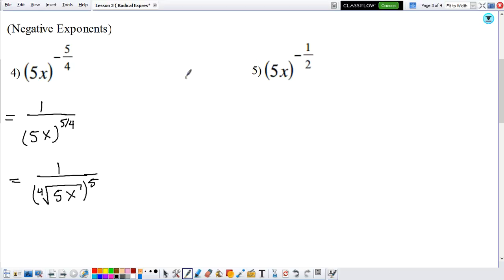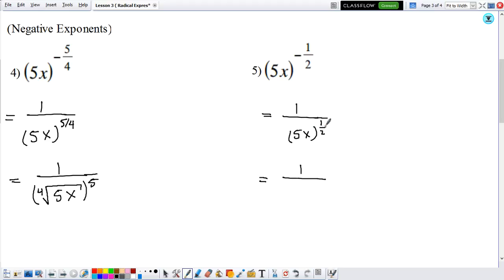So lastly, let's look at example 5. Again, if you have a negative exponent, you have to make it positive by switching its position, so that becomes 1 over 5x exponent positive 1/2. I don't like the way it looks, but it's still the same. All I did was go from a negative to a positive exponent, and now that we have it in this form, the 1 remains.